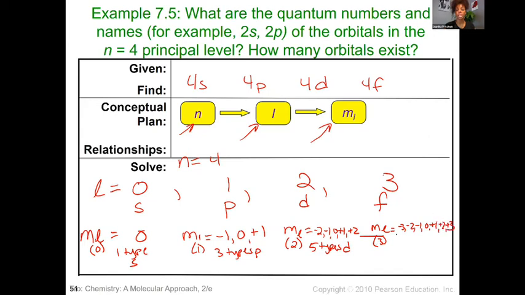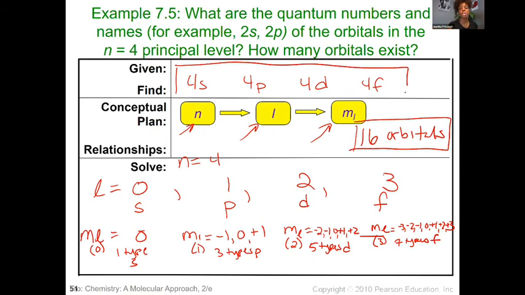And so what that tells us is that we have 7 types of f orbitals present. So to figure out the total number of orbitals that exist, we would have to add all of those up. So 1 + 3 + 5 + 7 is going to give us a total of 16 different orbitals. And so we have addressed the 2 questions here.